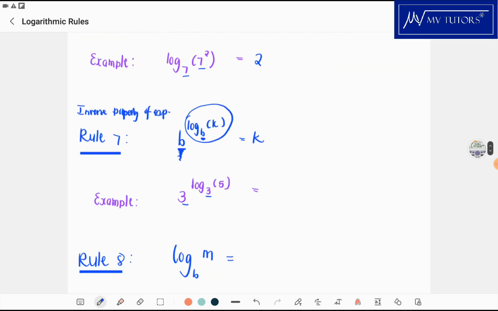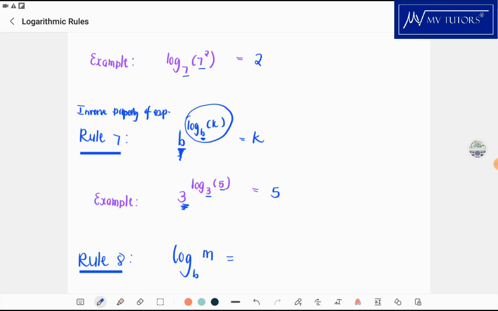So I know that my answer then would be 5 for this question. That is rule number 7. Let's just repeat it. Raising the logarithm of a number, which is k, in this case 5, log 5 base 3, to its base is equal to that number.